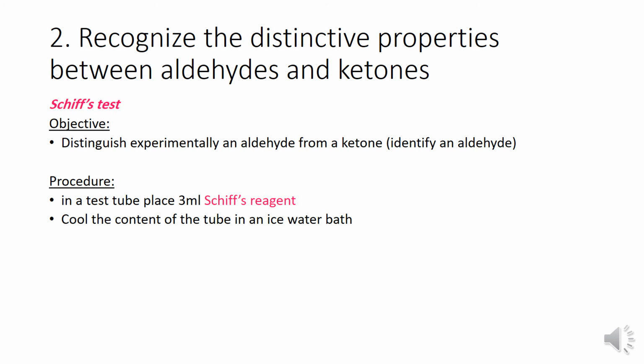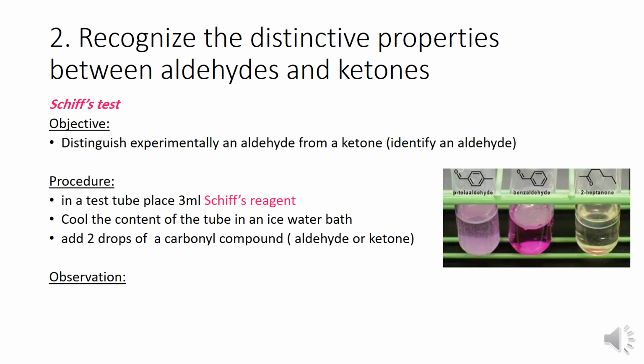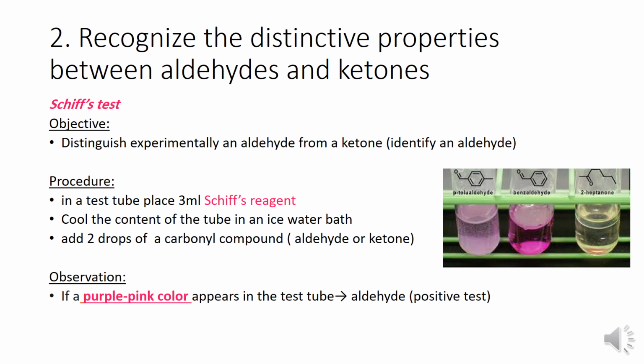Cool the content of the tube in an ice water bath. Add 2 drops of a carbonyl compound, aldehyde or ketone. The observation will be: if a purple-pink color appears in the test tube, it means it is aldehyde. We say it is a positive test. If the solution remains colorless, it means it is ketone, a negative test.